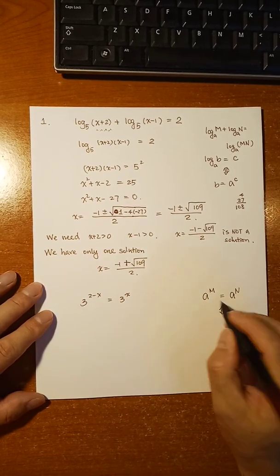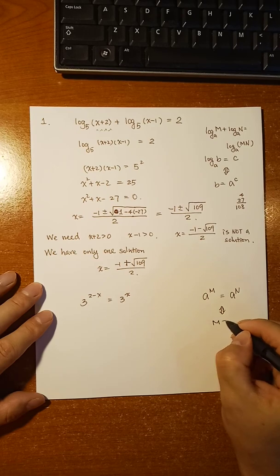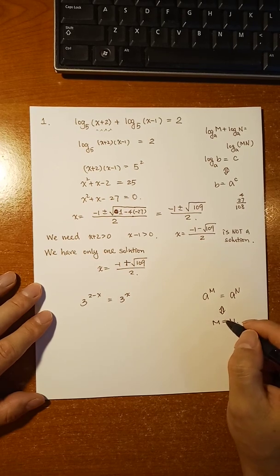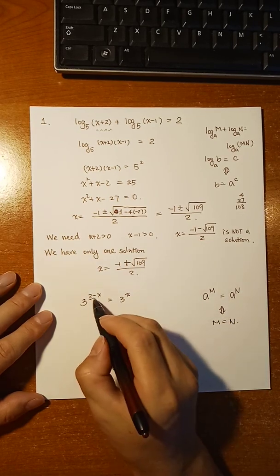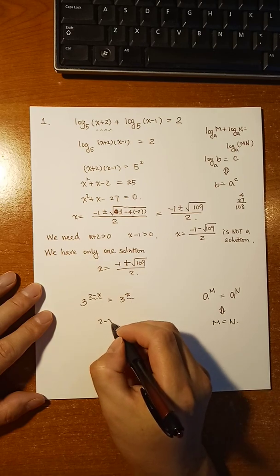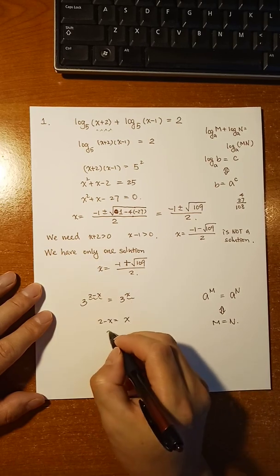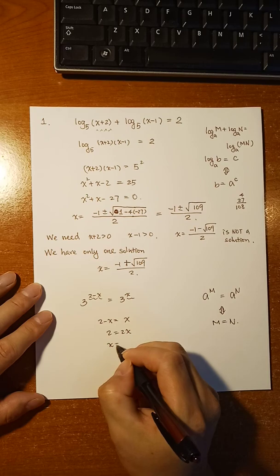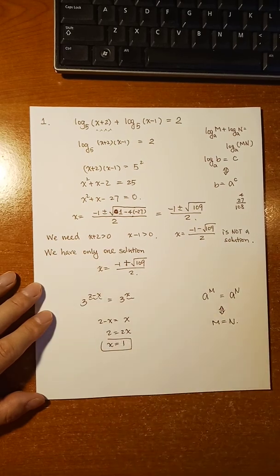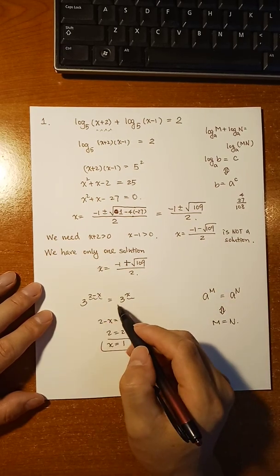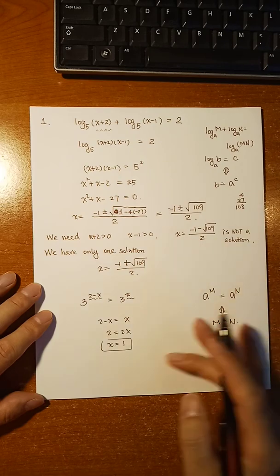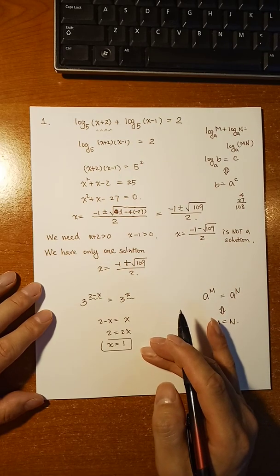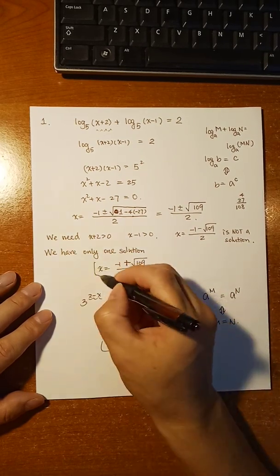It's correct if and only if m is equal to n. So you only need to let 2 minus x equal to x. 2 is equal to 2x, then x is equal to 1, and that's it. The domain of an exponential function is from negative infinity to positive infinity. All numbers are accepted, so this is a solution.